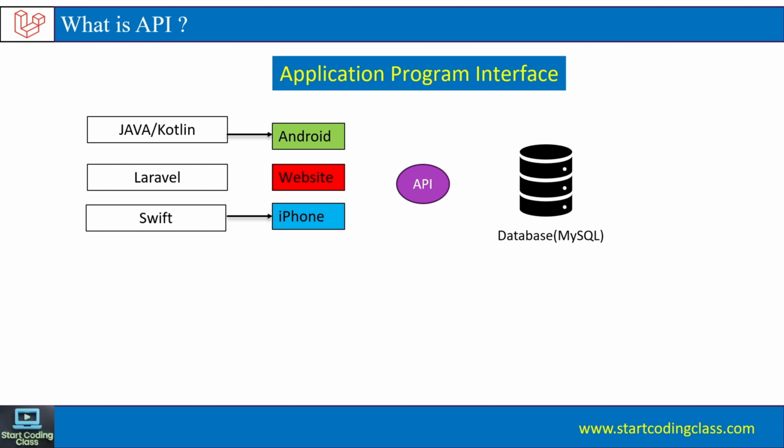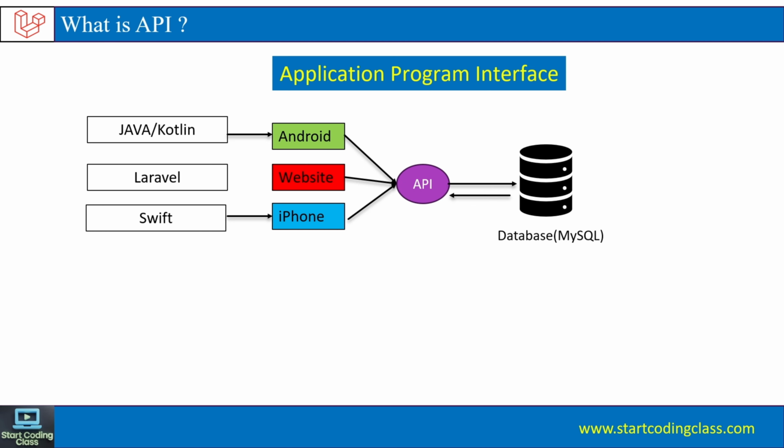API is just like a bridge of our application. If an app is required to communicate with the database, first it goes to the API, and then the API communicates with the database. So you can say the API is just like a bridge between the front end technology and our database.